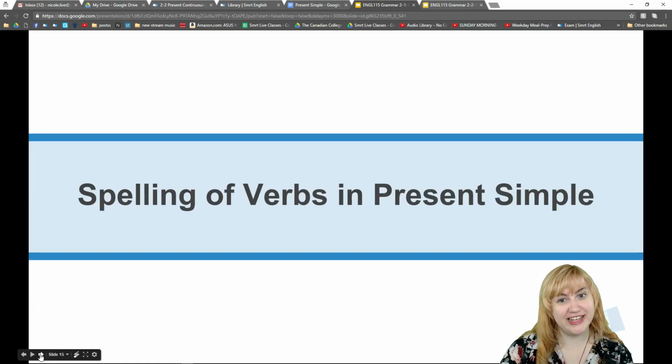So now for the fun stuff. We're going to talk a little bit about spelling. Yay, spelling. Spelling in English is a little difficult because we have many, many rules and also lots of exceptions to the rules. But these are some rules that can help you with present simple.